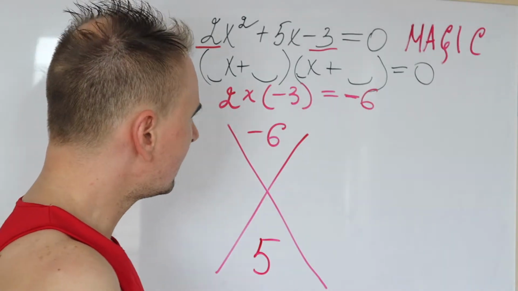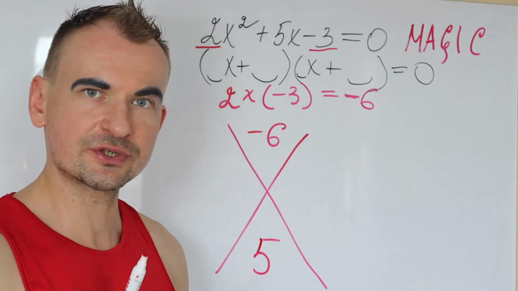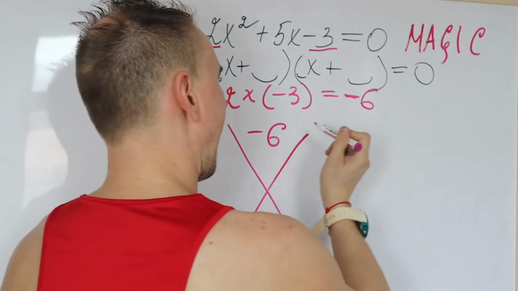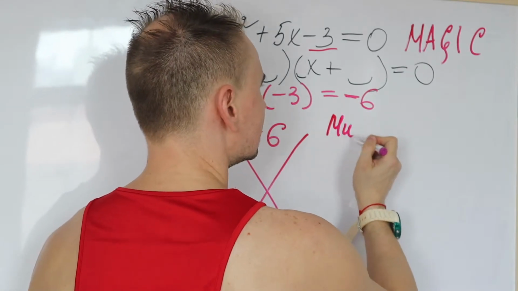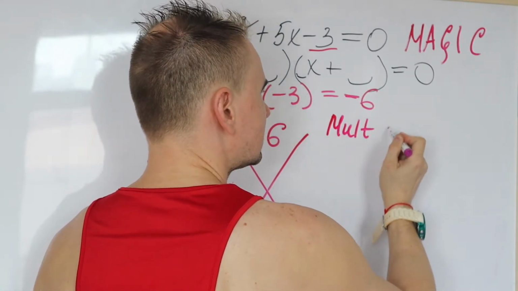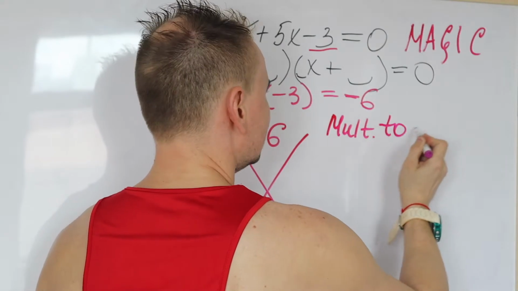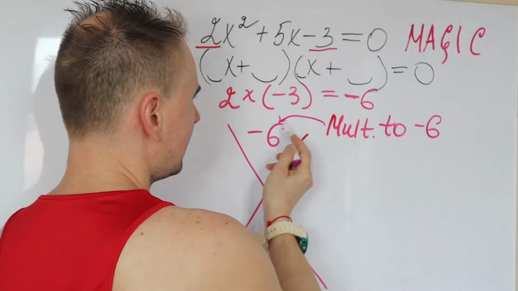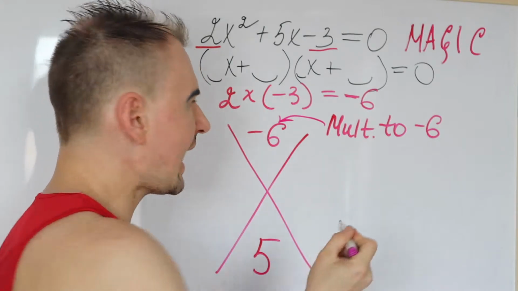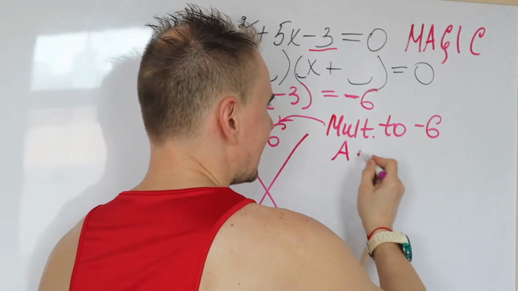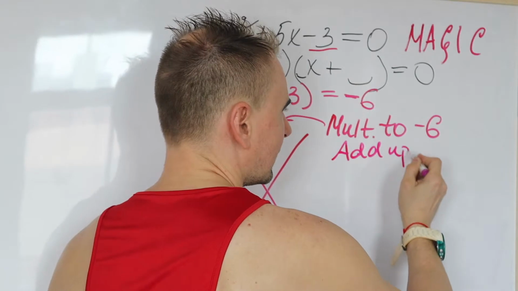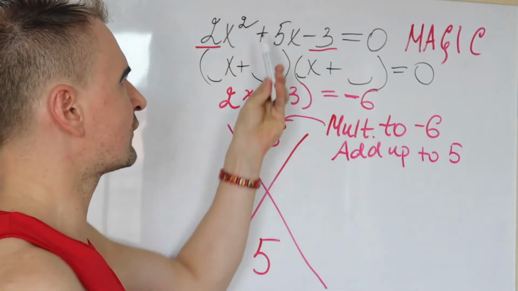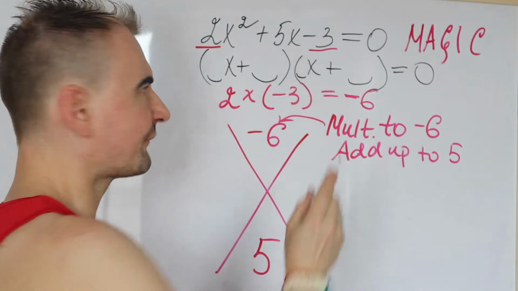Now, we are going to search for two numbers that multiply to -6, that number, and simultaneously add up to 5, the middle coefficient.